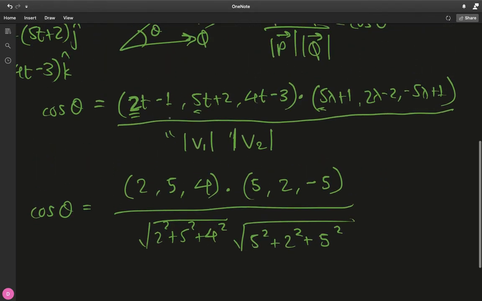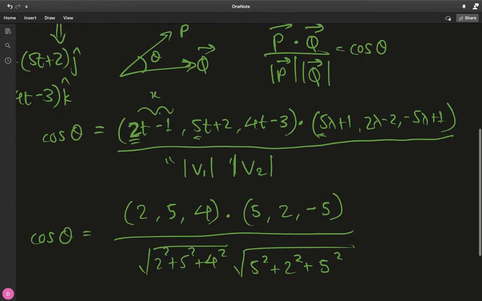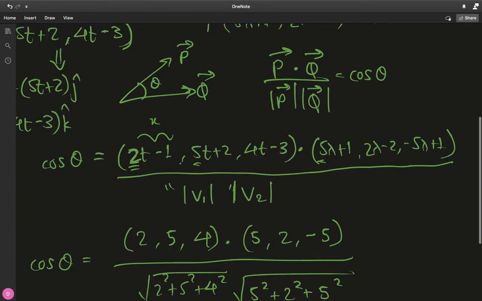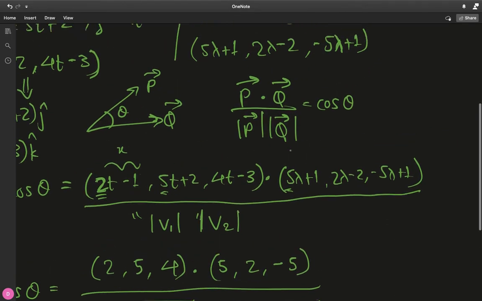Now, why did we only take the number multiplied with the parameter? That's because if you call this the x component, then the negative 1 is like saying you are shifting the location of the x component by 1, while maintaining this inclination of 2 with respect to the t axis, the parameter axis, the time axis if you want.